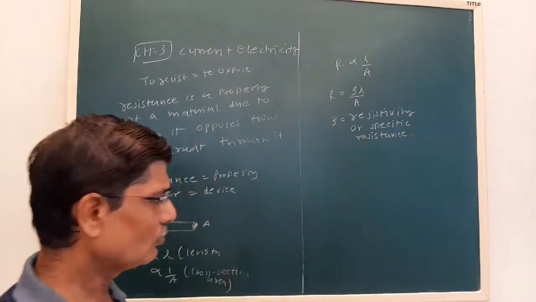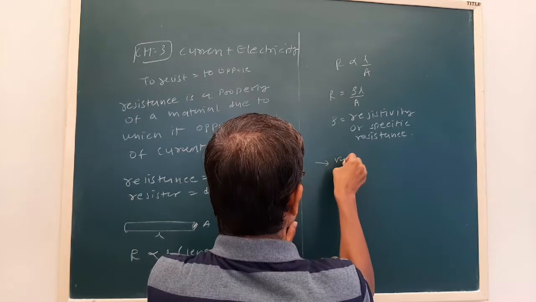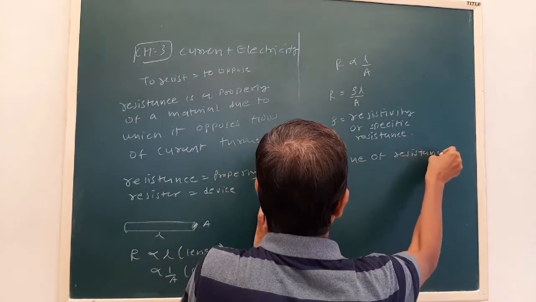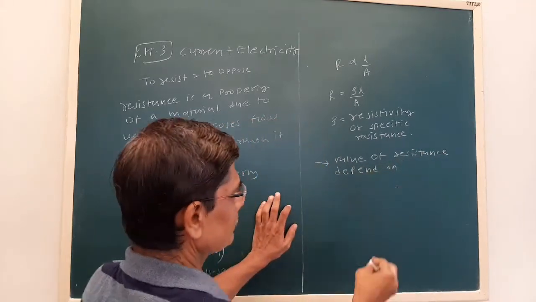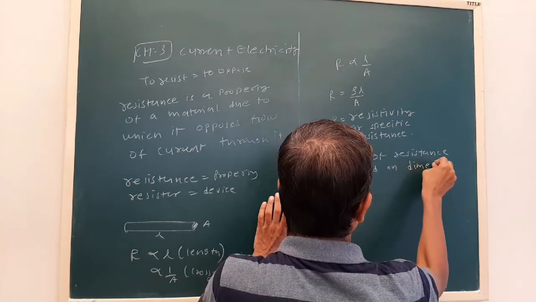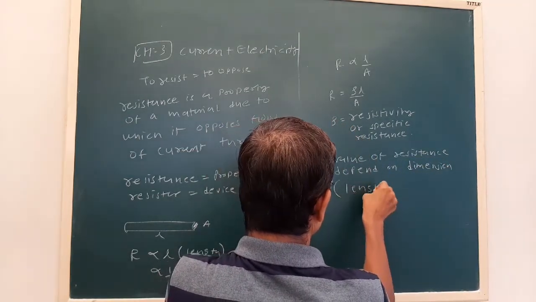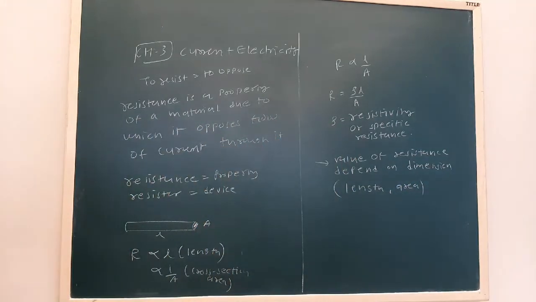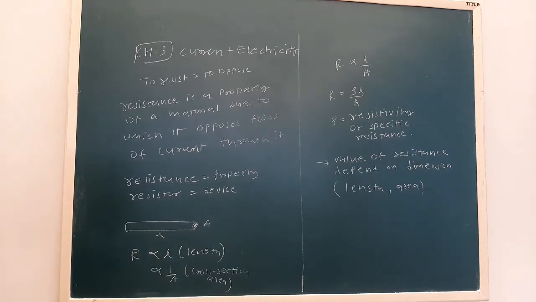Now what we have seen, the value of the resistance depends on dimension, that is length and area. Resistance is proportional to length, and inversely proportional to the cross section area.